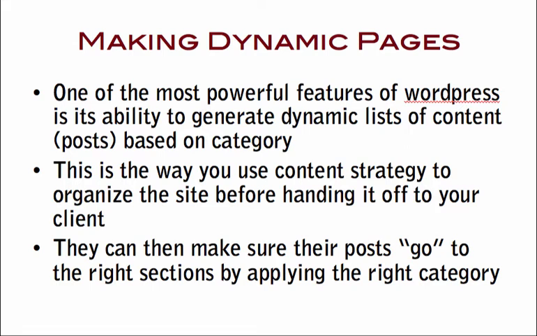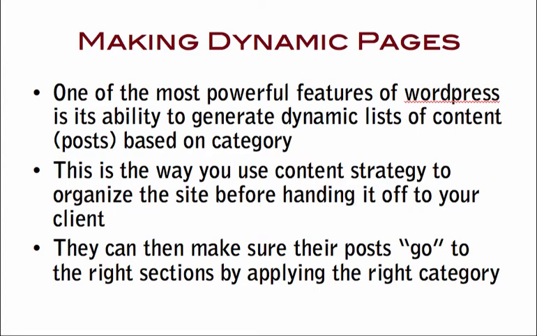Just to reiterate, our category portfolio page is a dynamic page, and that is one of the most powerful features of WordPress. You could create an entire site by making sure that there was a separate section for specific categories, for subcategories, which could be subsections, and those pages, those sections, would dynamically fill with the content that is categorized.